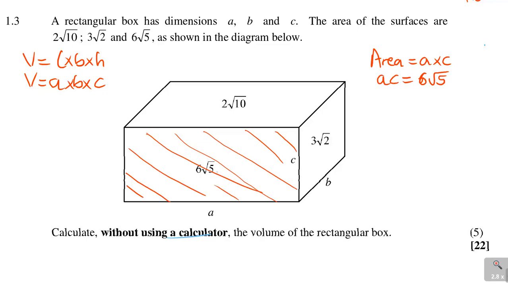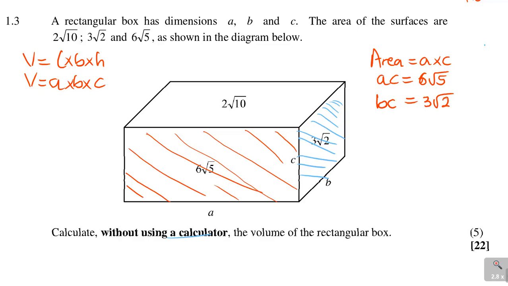I do the same thing if I want the area of this side here. The formula is length times breadth, which is B times C. So I can say the area there, BC or B times C, is equal to 3 root 2.